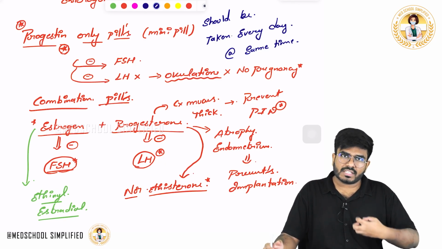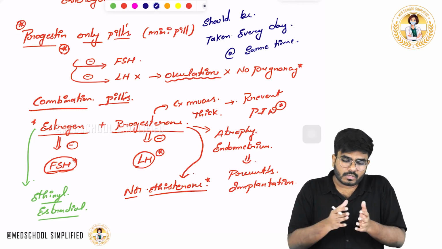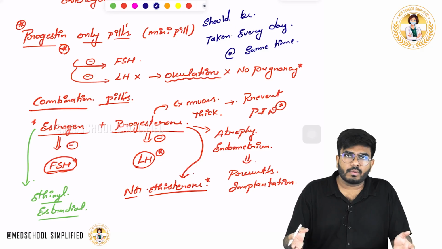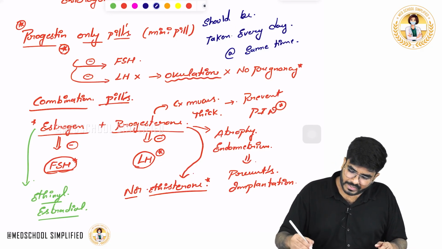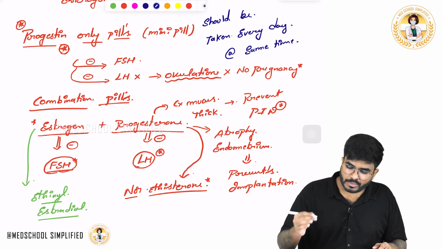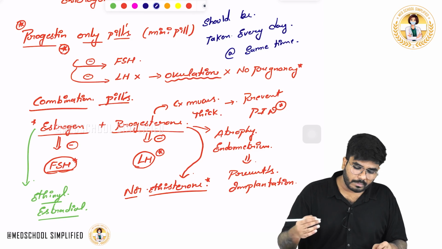Whenever the progesterone is not there, there is loss of support for the endometrium. So the endometrium is going to bleed. That is called breakthrough bleeding. So it should be taken every day at the same time, otherwise there will be breakthrough bleeding.